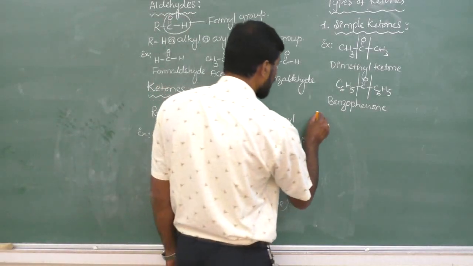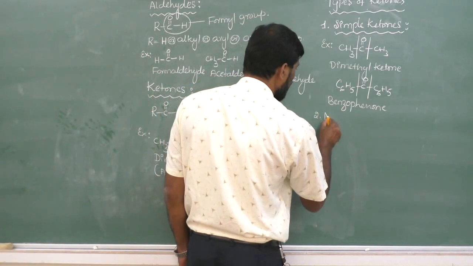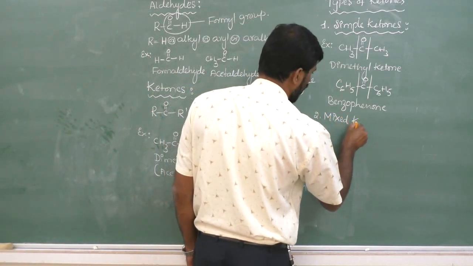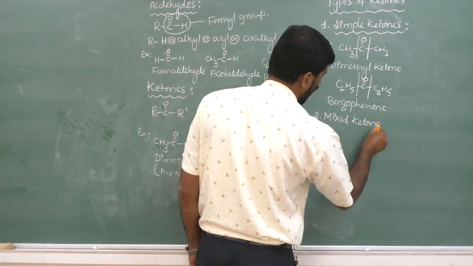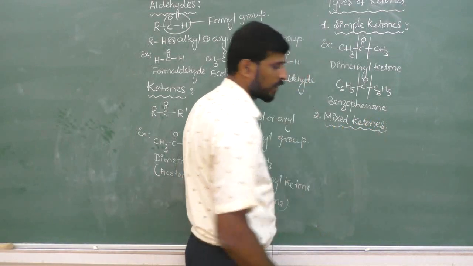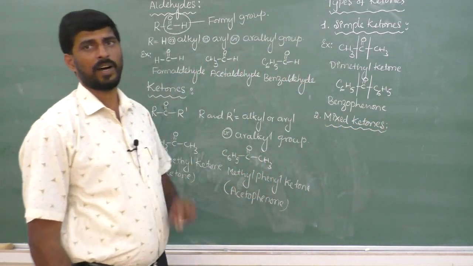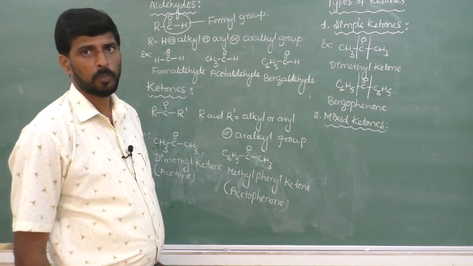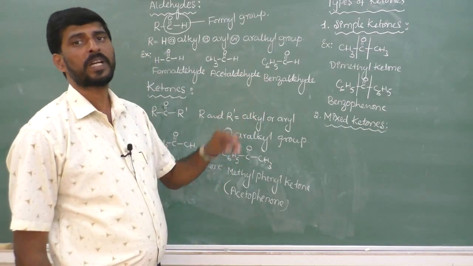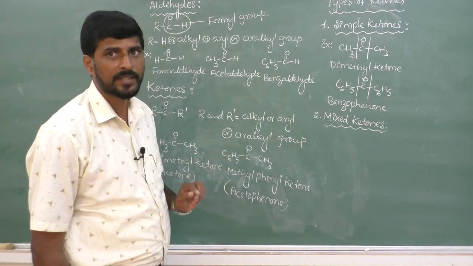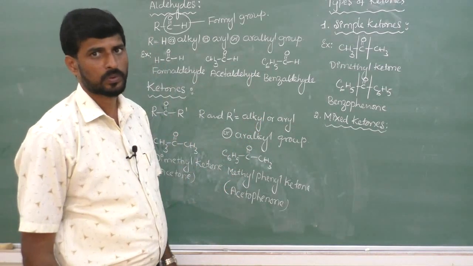Next, the second one is mixed ketone. What are these mixed ketones? The mixed ketones are the ones in which two different groups are attached on either side of the functional group. Okay.